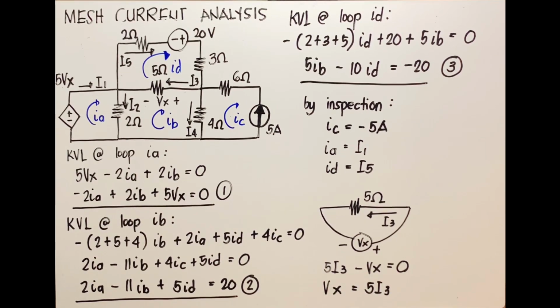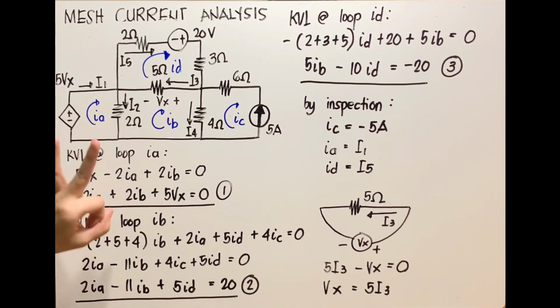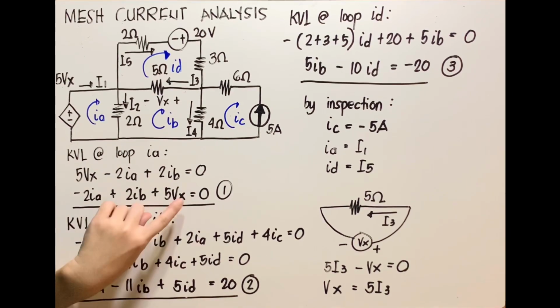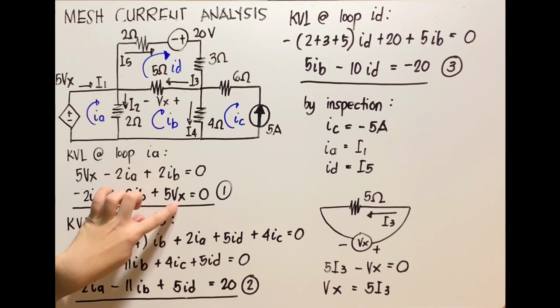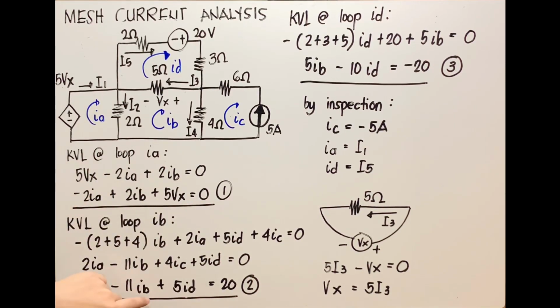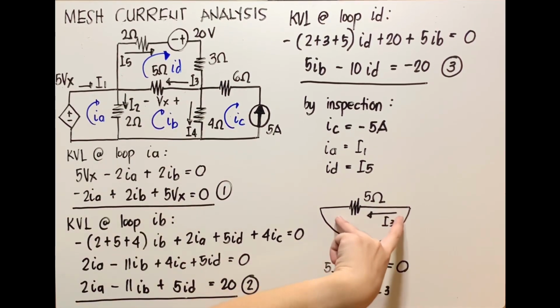Okay. Ngayon, kapag ito, sinubstitute mo dito sa equation na to, kasi di ba kailangan natin 3 equations lang. So, if I have here IA, IB, ID, and Vx, parang pinakamadali dito is tanggalin mo na si Vx para may matira kang IA, IB, ID. And para matanggal mo si Vx, kuhanin mo yung branch kung saan siya nakatap.